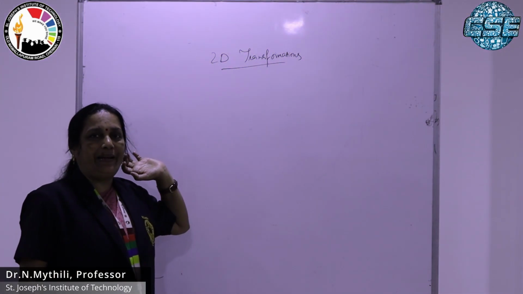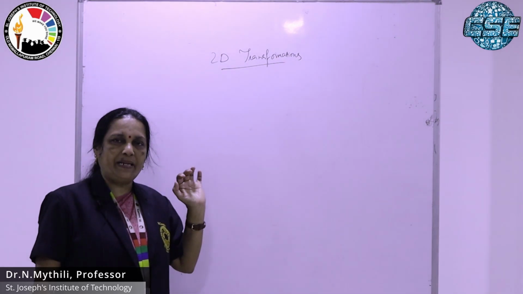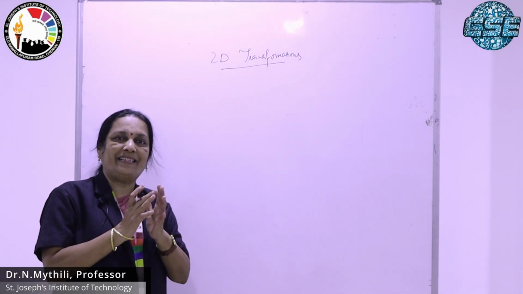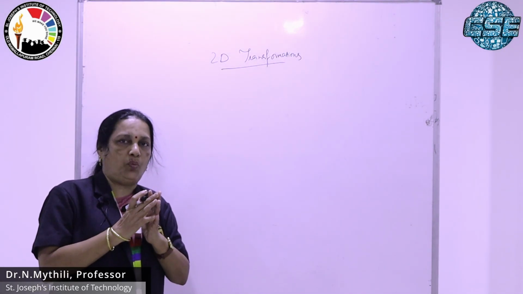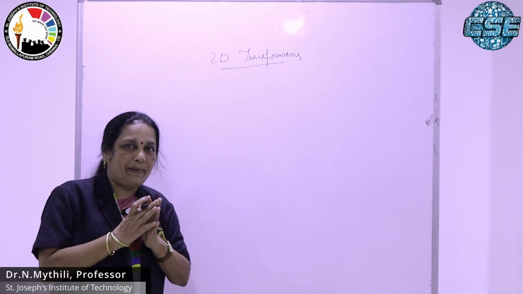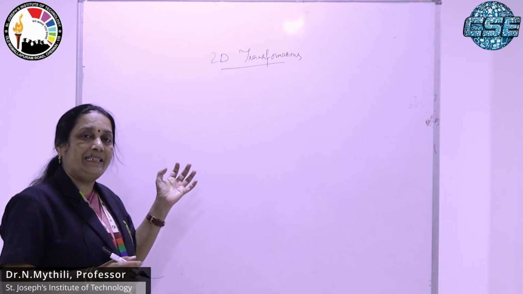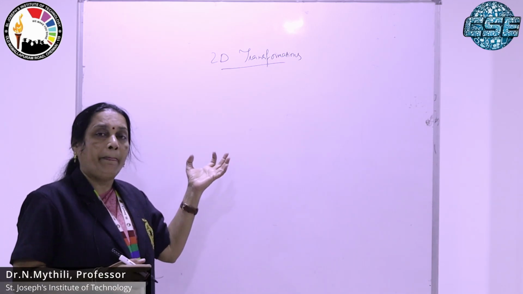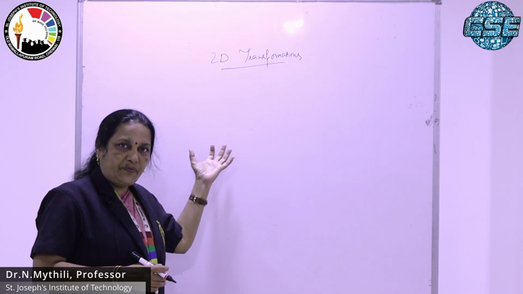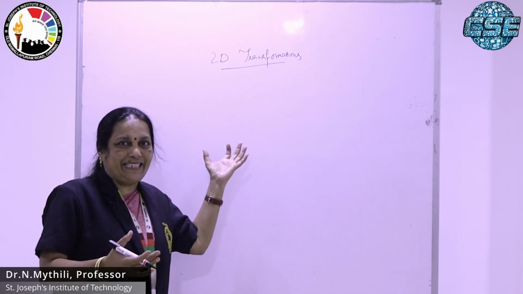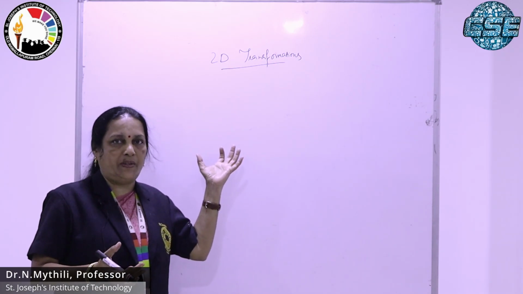And when you talk about transformation, changes in size, shape and orientation of the object are accomplished with transformation. So that is the definition of transformation. And the transformation makes the change in coordinate descriptions of the object.